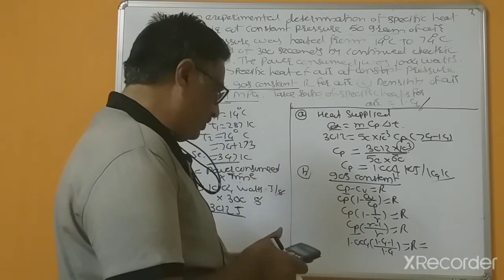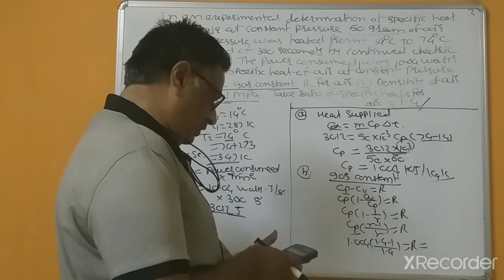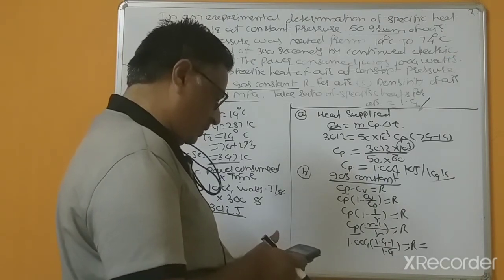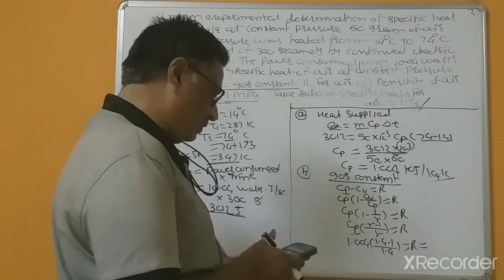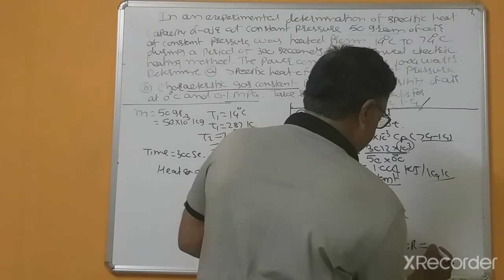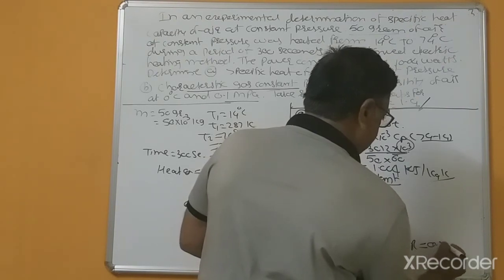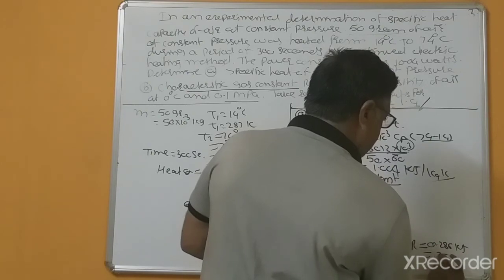Once again I will check: 1.04 multiplied by 0.4 divided by 1.4 is 0.286 kilojoule, otherwise 286 joule.